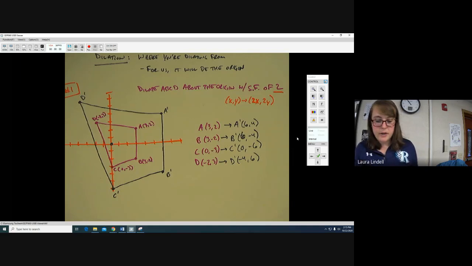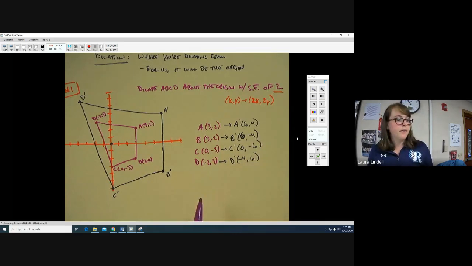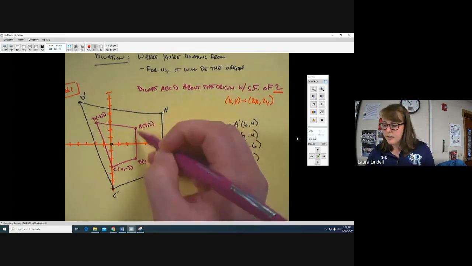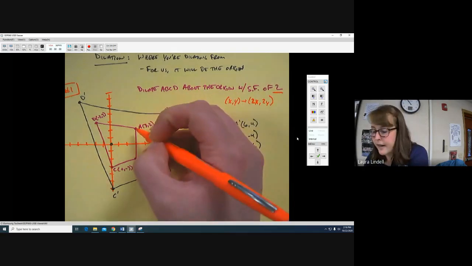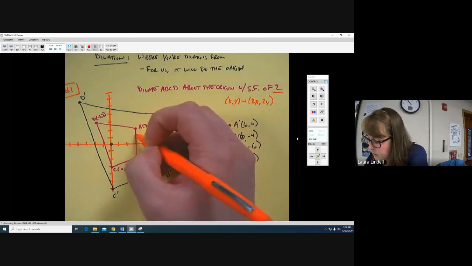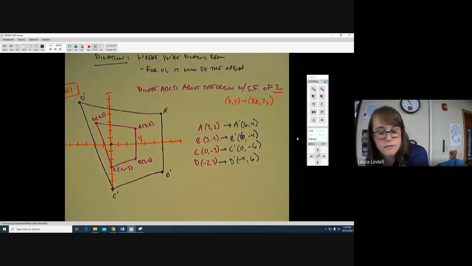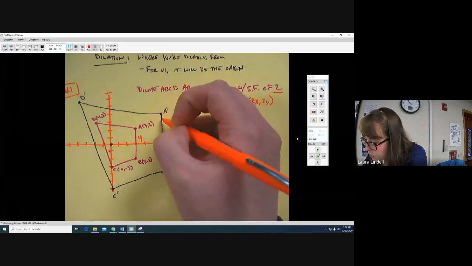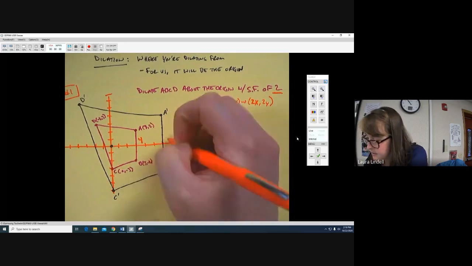Also, something that we could notice, if I'm just given the picture and I'm not told that the scale factor is 2, something that we could do to find the scale factor is I could count the side lengths, like this one here. So if I was going to count the side length, it would be 1, 2, 3, 4. This side length is 4. And then 1, 2, 3, 4, 5, 6, 7, 8. This side length is 8.